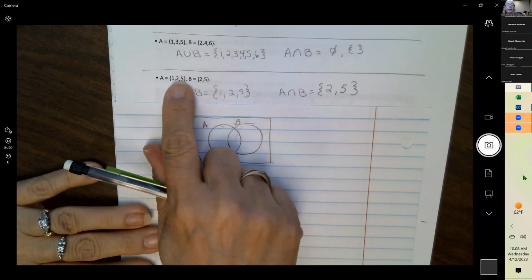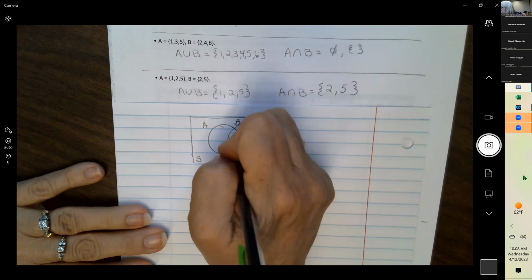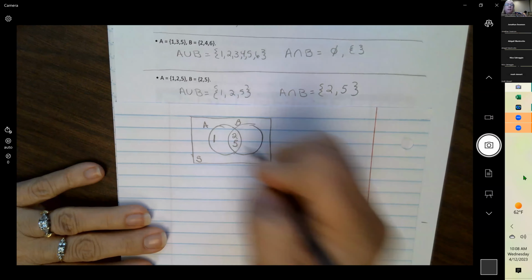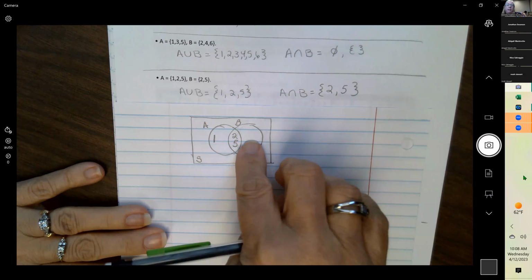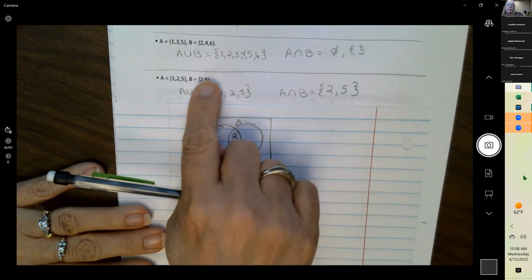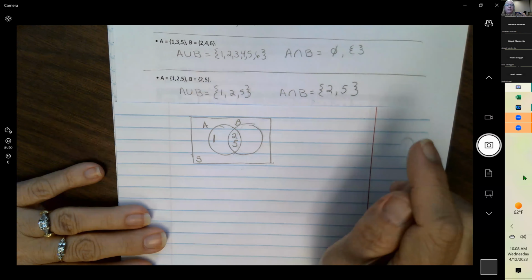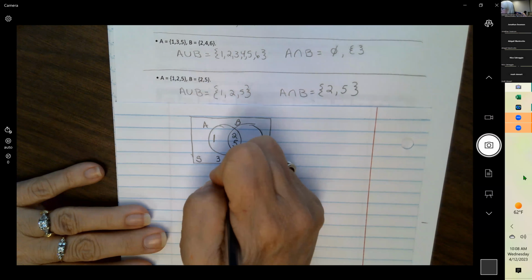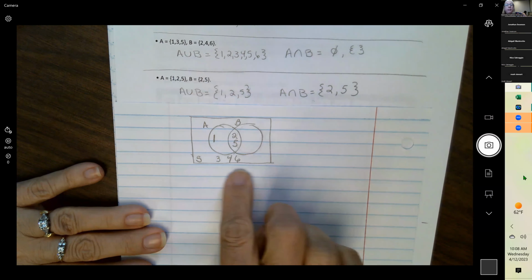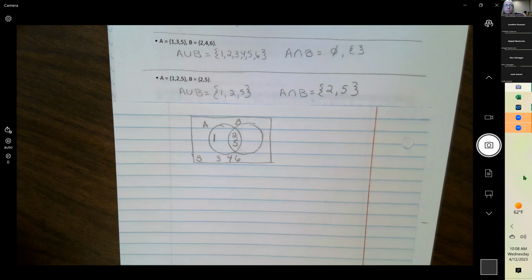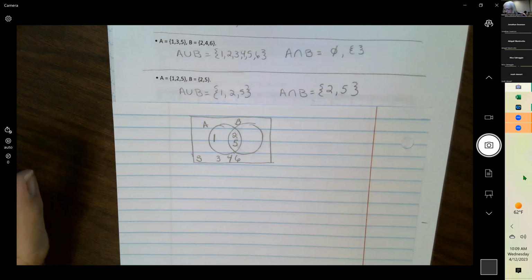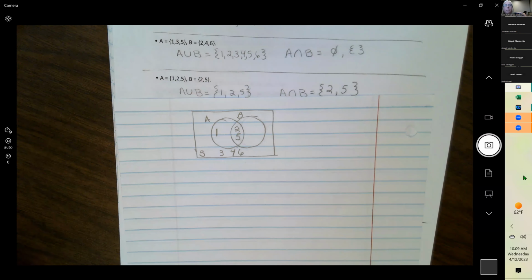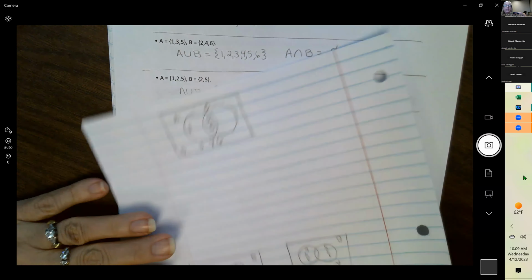B has 2 and 5. So notice 2 and 5 is where they overlap. But A also has 1 where B doesn't. And there's nothing B has that A doesn't. 1, 2, so we're missing 3, 4, and 6. So they would be out here. Notice that all of B is inside A.